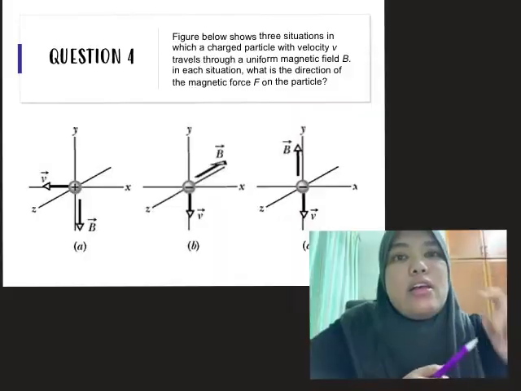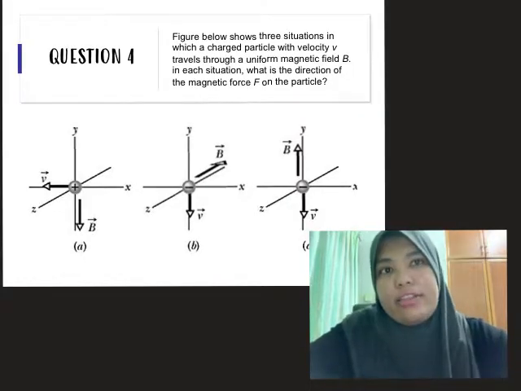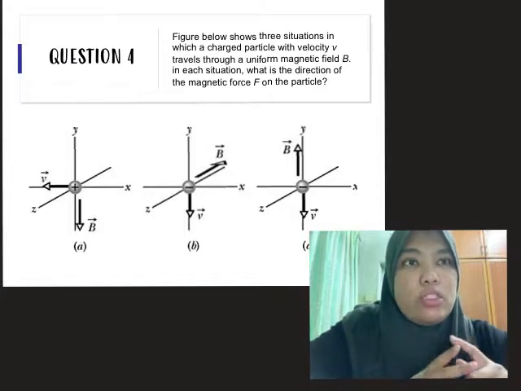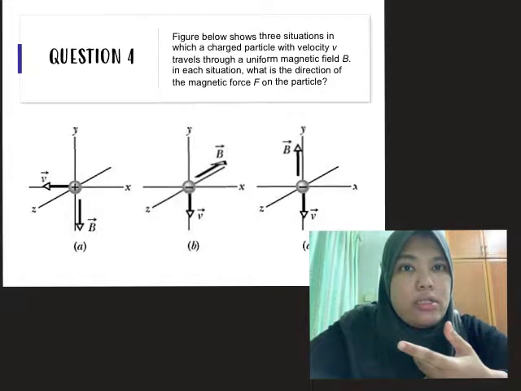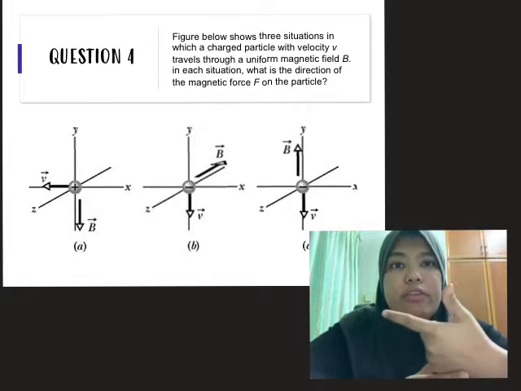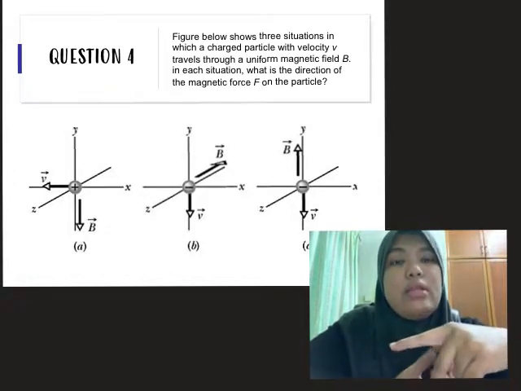Now I'm going to show you how to find the magnetic force using the second right hand rule. We start with question A. There is a positive charge, and the direction of the velocity is to the left. The magnetic field is into the page, therefore the magnetic force is towards you.